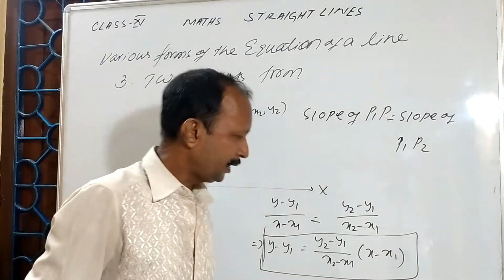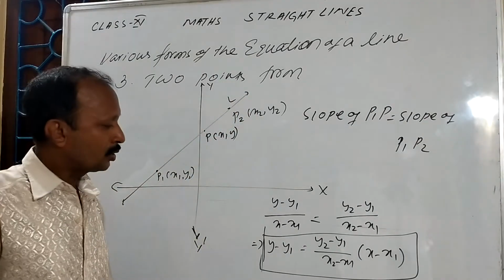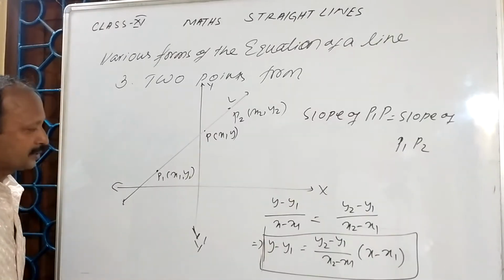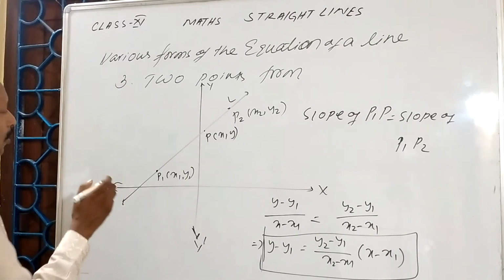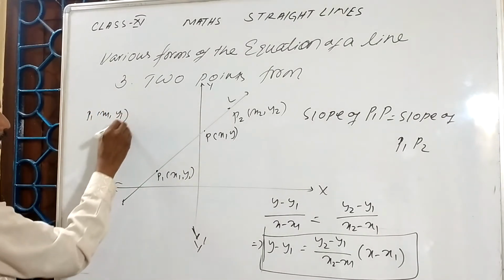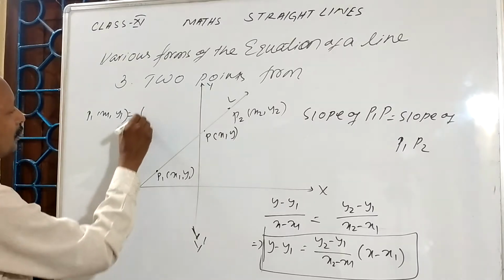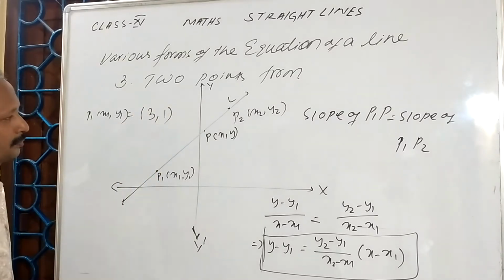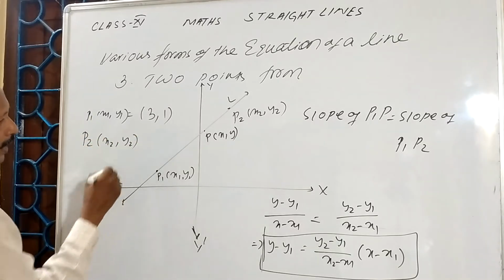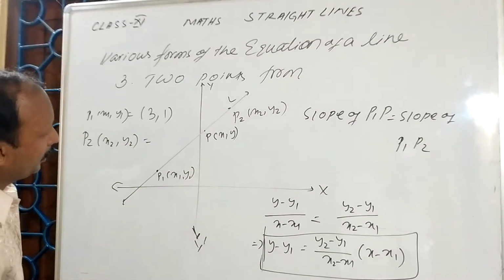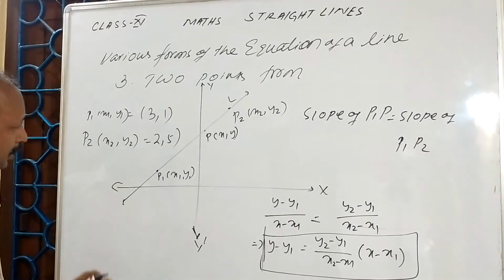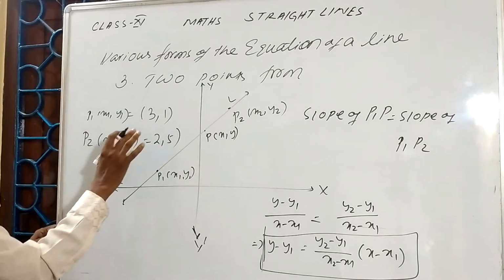Okay, so let us see an example of how to find the equation of a line if 2 points are given. Suppose one point here P1 (x1, y1) is given as (3, 1), and this P2 (x2, y2) is given as (2, 5). Then what will be the equation of the line?